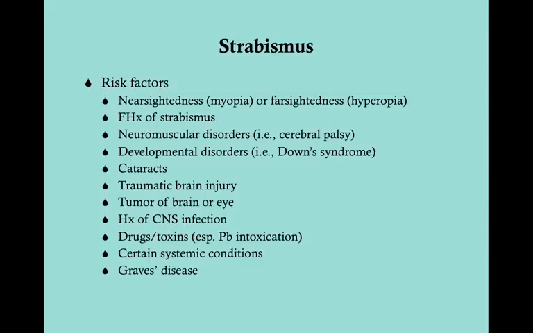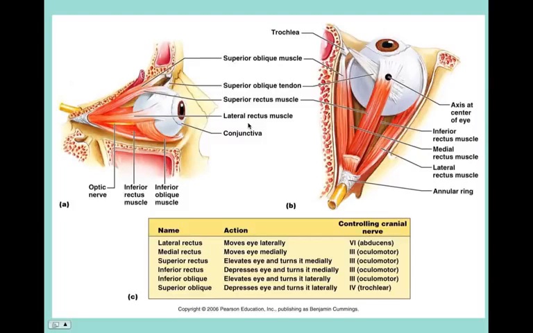I tried to put these up on the top, the more common, and going down to the less common causes of strabismus, but I don't know if this is perfect.